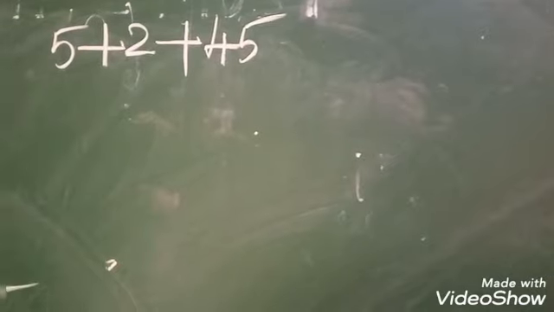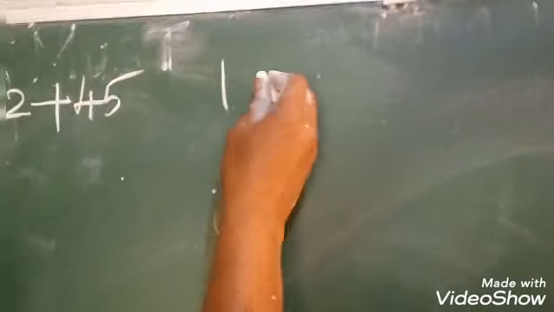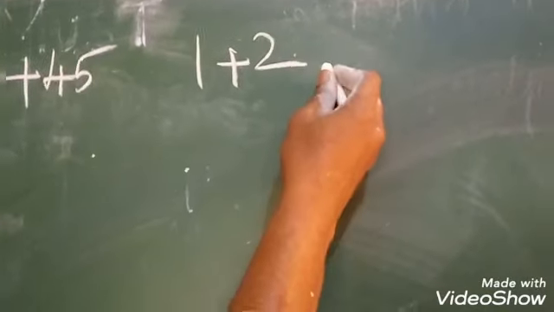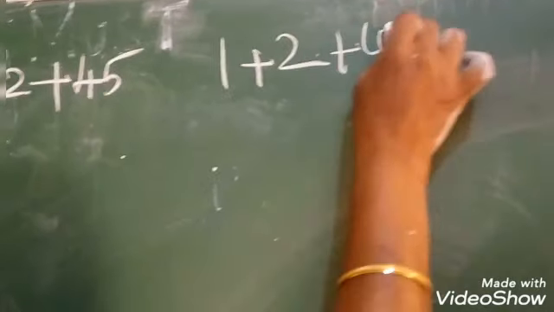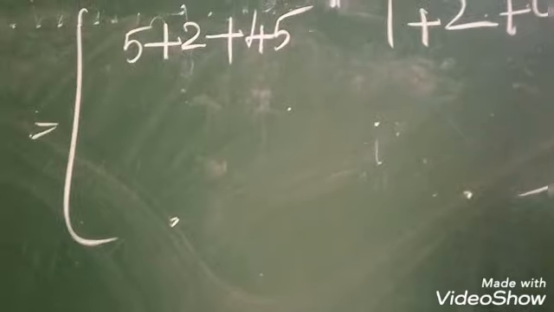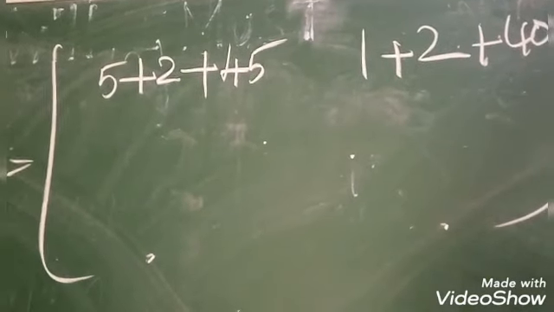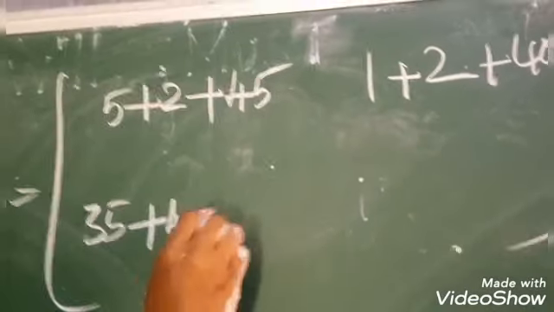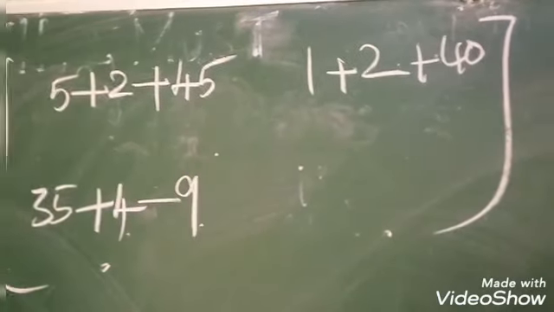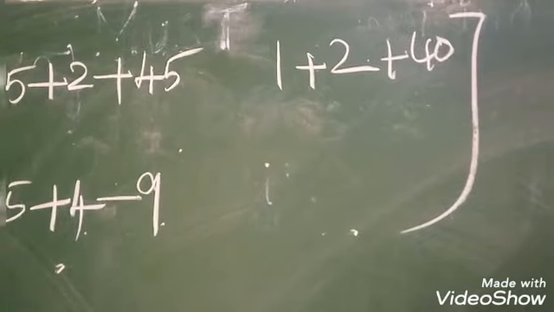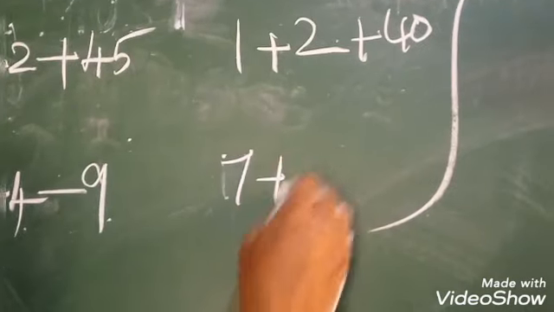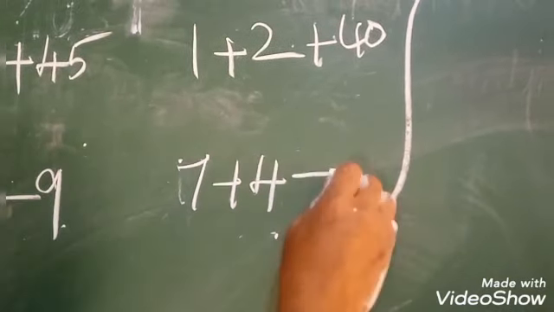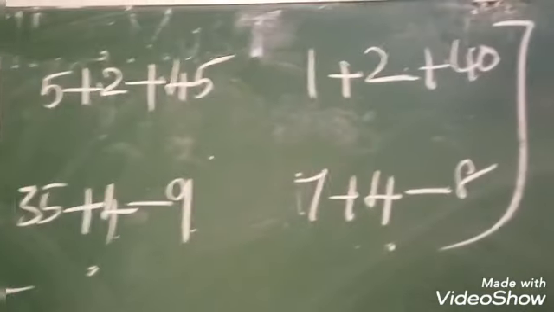Then next, first row, second column: 1 into 1, then 1 into 2, then 5 into 8. Okay? The next, second row, first column: 7 into 5, then 2 into 1, then minus 1 into 9. Okay? Then the second row, second column: 7 into 1, then 2 into 2, minus 1 into 8. Now you have to simplify, girls.